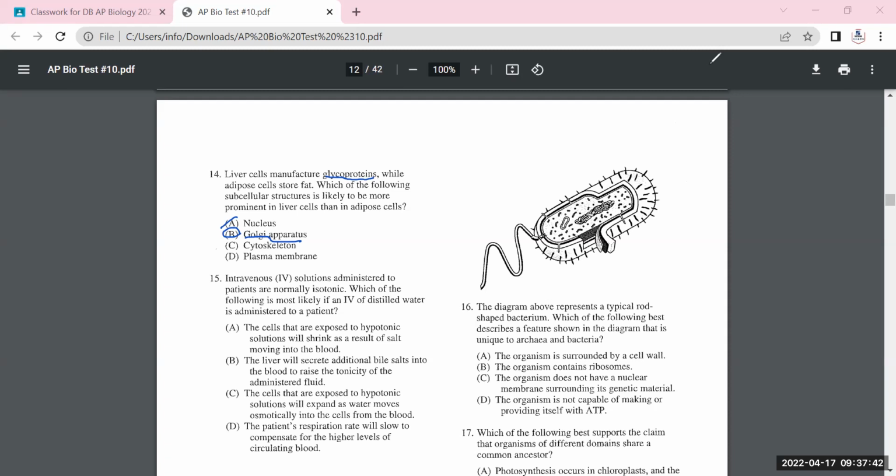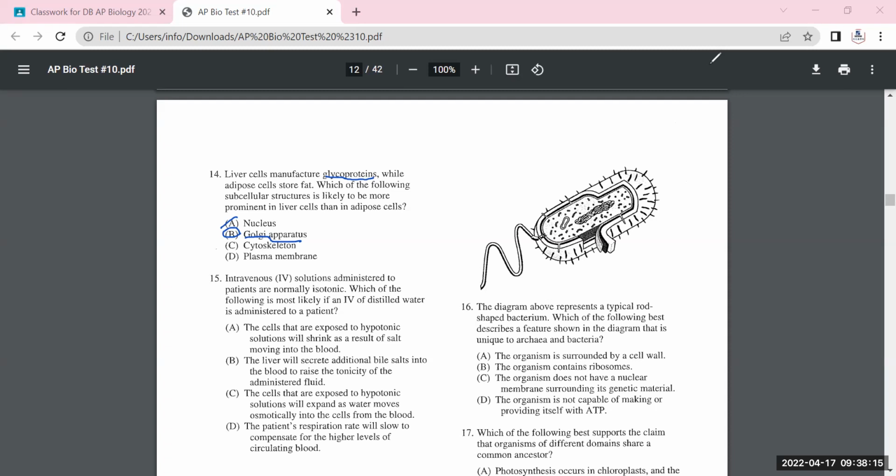The Golgi takes your protein or whatever you just made and modifies it. Glycoproteins are like a little name tag: hi, my name is whatever. It helps identify what type of cell that is. Then they package it in a nice little vesicle and send it off.